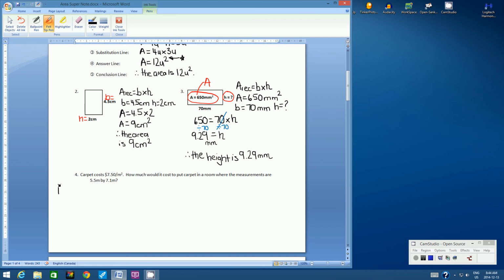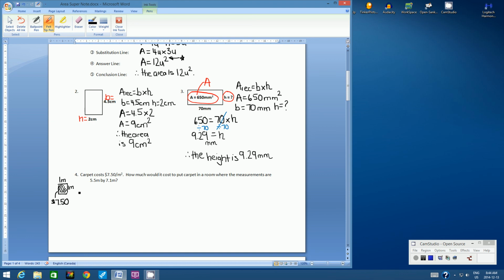That means if you go to the store, Home Depot, and you buy 1 square meter of carpet, so we have 1 meter by 1 meter, this square of carpet costs $7.50. So the question is asking, how much would it cost to carpet in a room where the measurements are 5.5 meters by 7.1 meters?